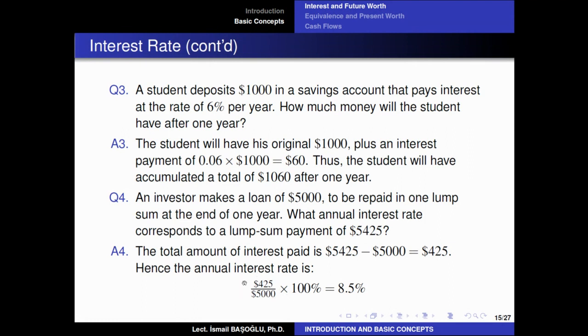But if you multiply that ratio by 100, then you are going to get the percentage interest rate. And here in this question, the interest rate that the investor is being exposed to is 8.5%.